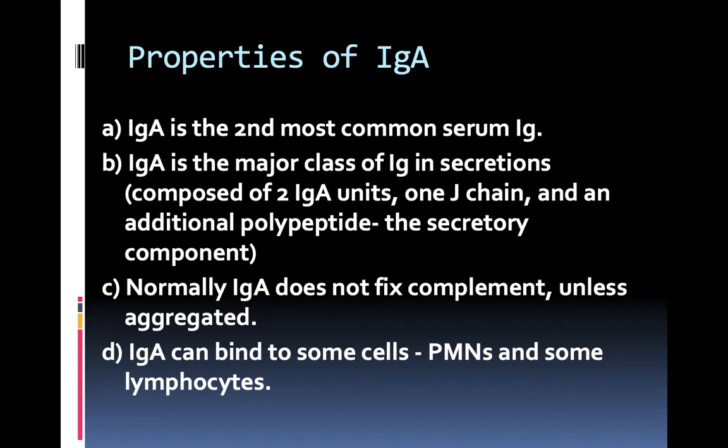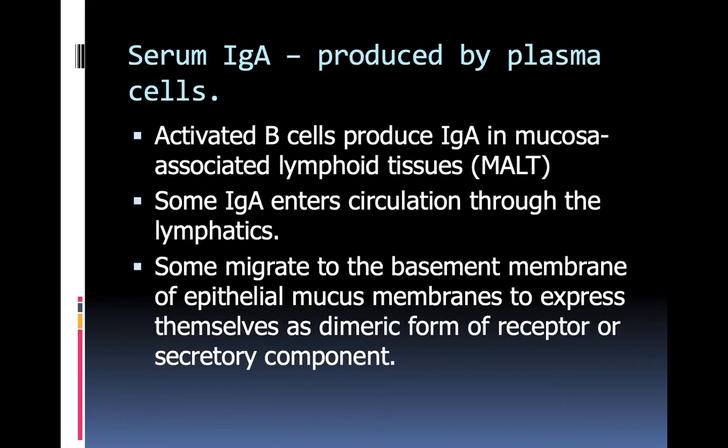IgA can bind to some cells, especially polymorphonuclears and some lymphocytes. In terms of location of production, activated B cells that produce IgA in secretory format are found in mucosal-associated lymphoid tissues.